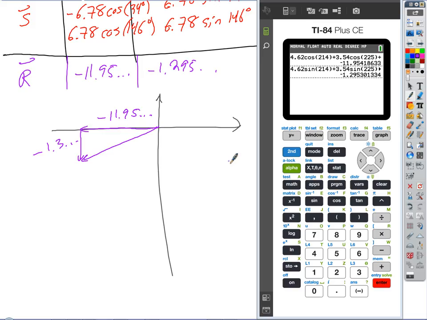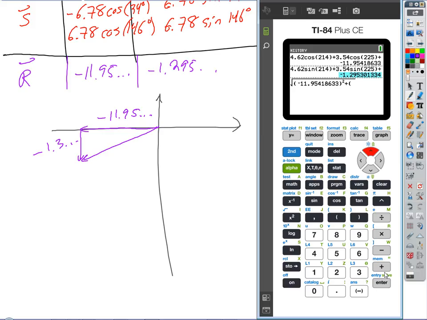Okay, so we just go square root of, put in parentheses so we can square it, that number in parentheses, so we get a positive answer, squared, plus that number squared in parentheses.